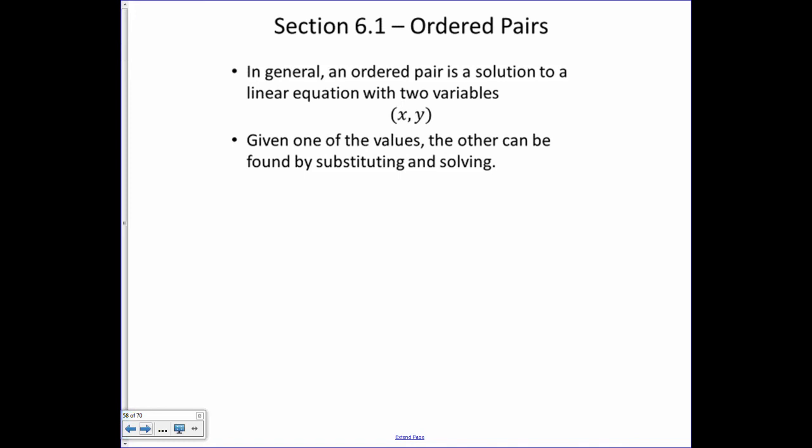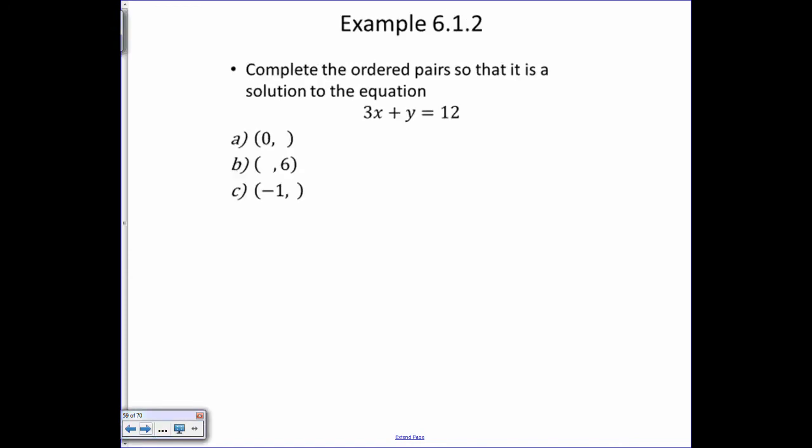So in general, an ordered pair is really just a solution to a linear equation in 2 variables. If you're given one of the values in the equation, then you can find the other one by substituting and solving. Here we have the equation 3x + y = 12, and we want to complete these ordered pairs so that they're a solution to this equation.